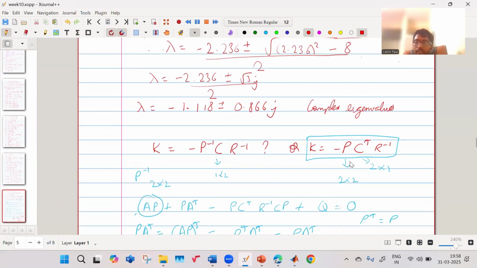We rechecked that the gain K is equal to minus P C transpose R inverse. This equation is correct, while the other equation is not correct.